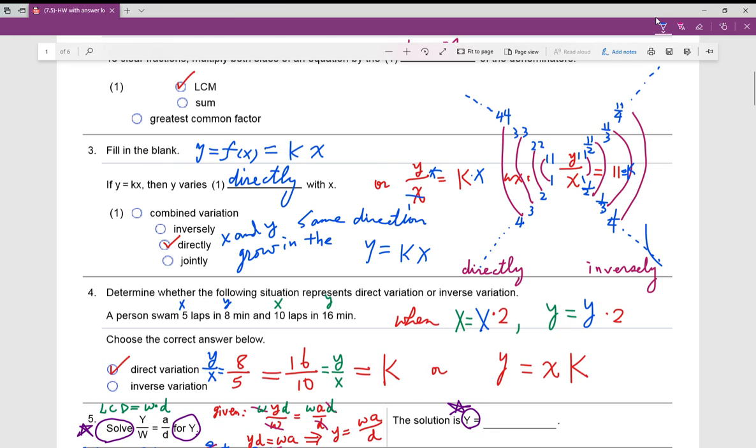Now, on the other problems, sometimes they directly provide you the formula. Sometimes they don't provide you a formula, but they provide you the name of the formula. We call this the name of the formula.